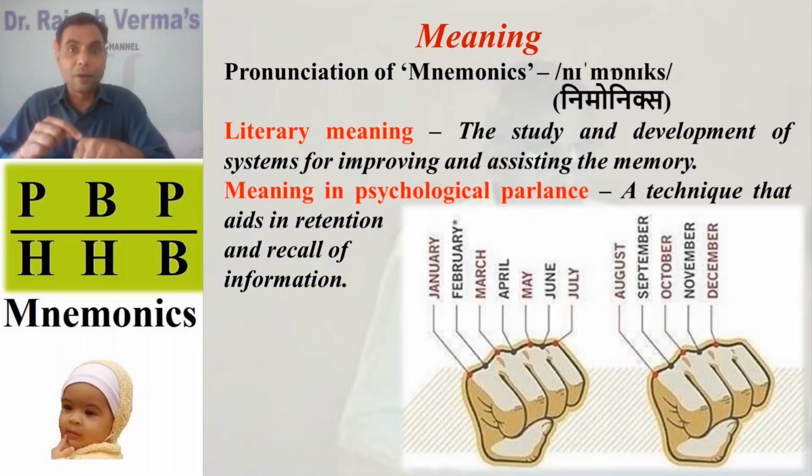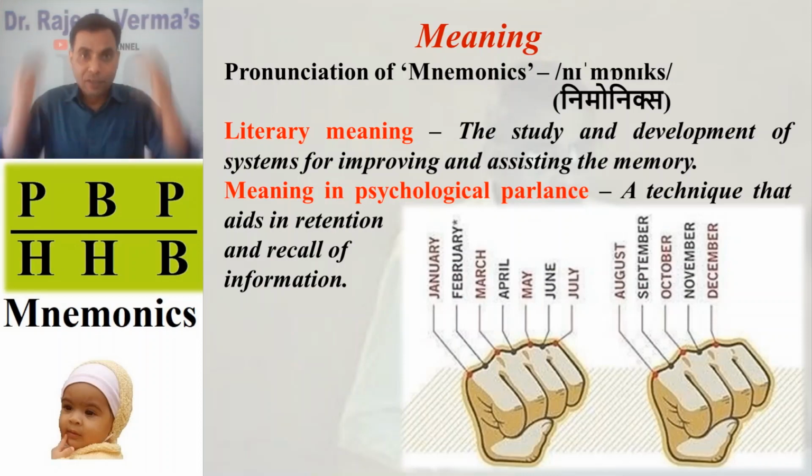And again you start with August, September, October, November, and December. This way, my dear friends, you can remember which month has how many days. So these are nothing but mnemonics because they assist you in retaining the information and finally recalling it.